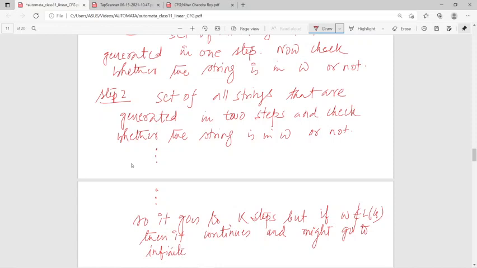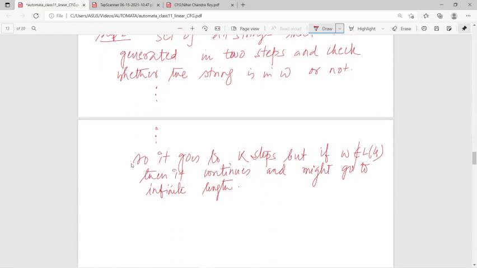So then you may fix a finite length, but then we can say how much time your algorithm will run. So that's why you are fixing the algorithm.